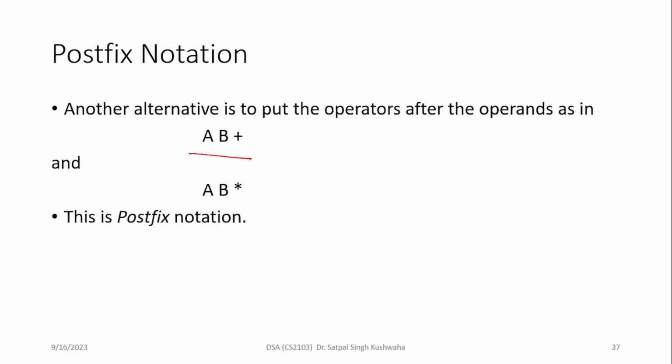The important thing here is that when we evaluate postfix expressions, we go from left to right, and we need not store any special information like the precedence of the operators. We just go from left to right, and whichever operator comes first, we evaluate it using the operands.